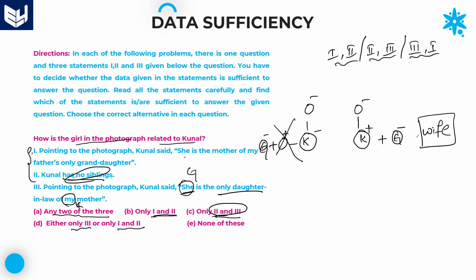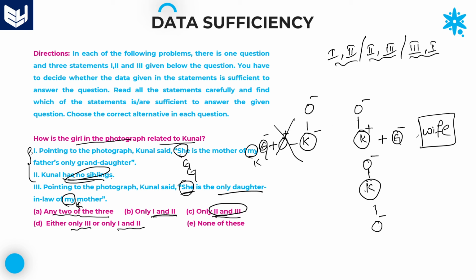Pointing to a photograph, Kunal said, she is the mother of, my represents the person who is saying that statement, that is Kunal's father's only granddaughter. According to the second one, Kunal doesn't have any siblings, so obviously granddaughter means Kunal's daughter.